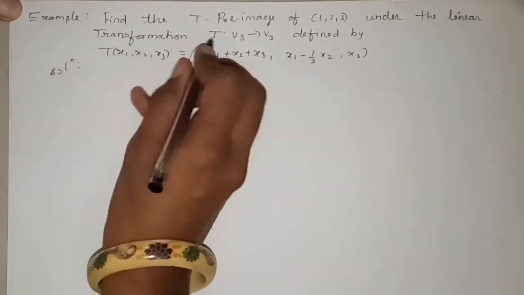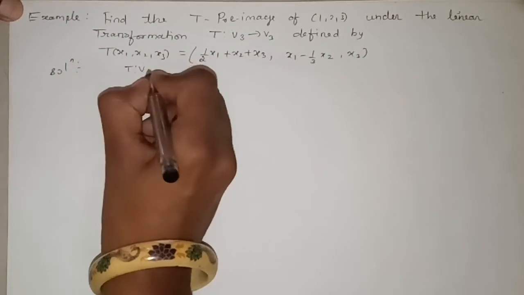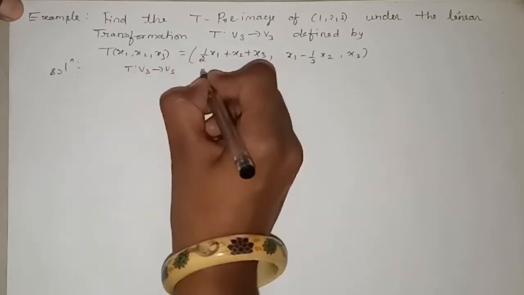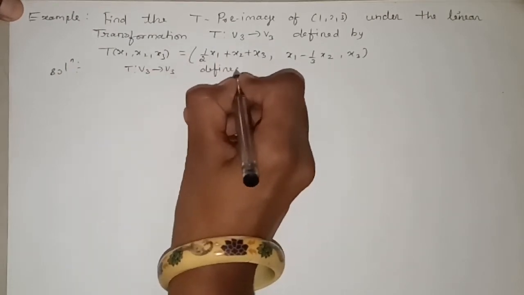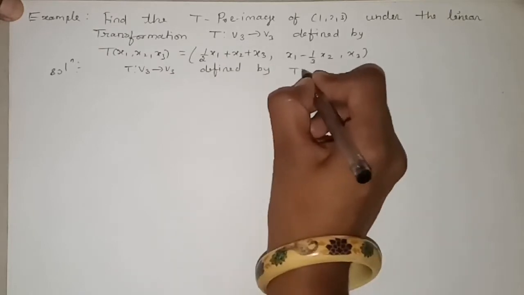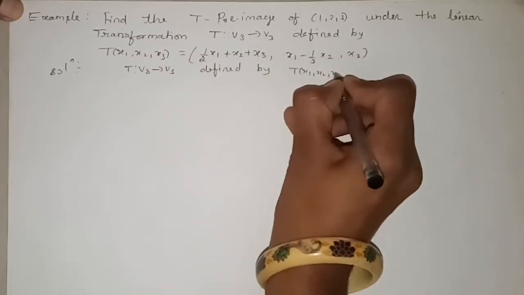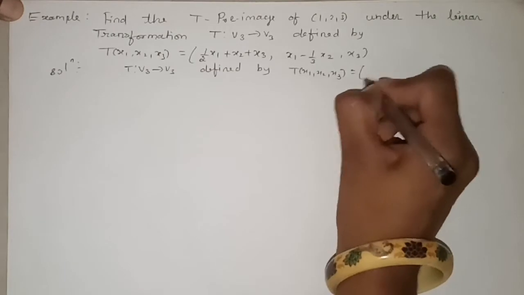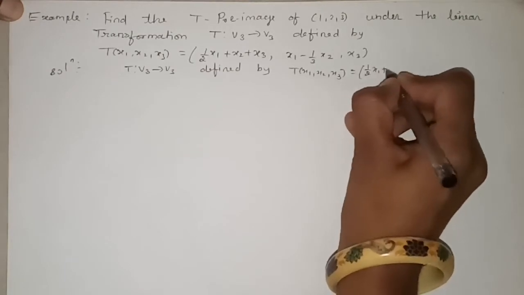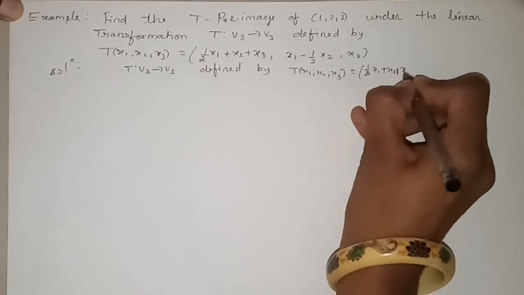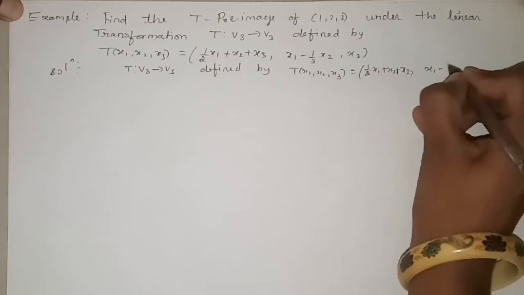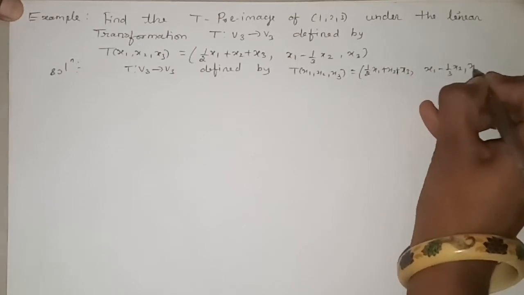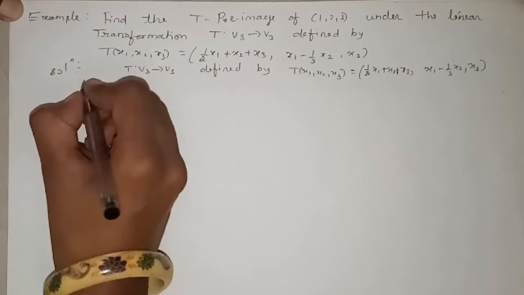Here our mapping is T, which is from V3 to V3 and defined by T of (x1, x2, x3) is equal to (1/2 x1 + x2 + x3, x1 - 1/3 x2, x3).